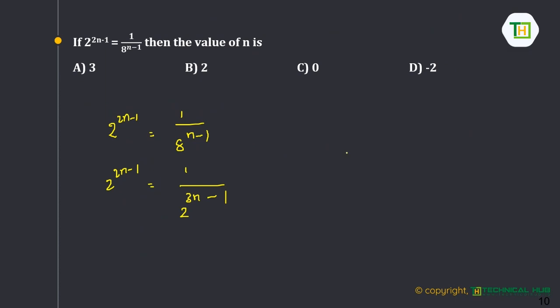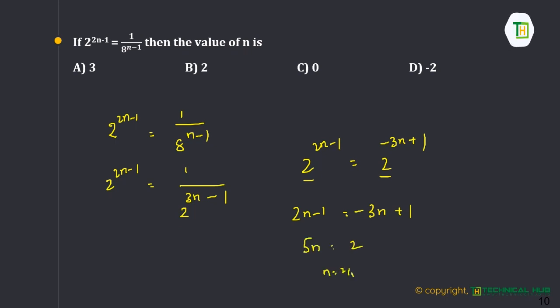So 2n minus 1 is equal to 2 power minus 3n plus 1. Same, then equate the powers. So 2n minus 1 is equal to minus 3n plus 1. So 2n plus 3n is equal to 5n, equal to 2. So n is equal to 2 by 5. I think I will check this question again, so leave this question and move to the next question.